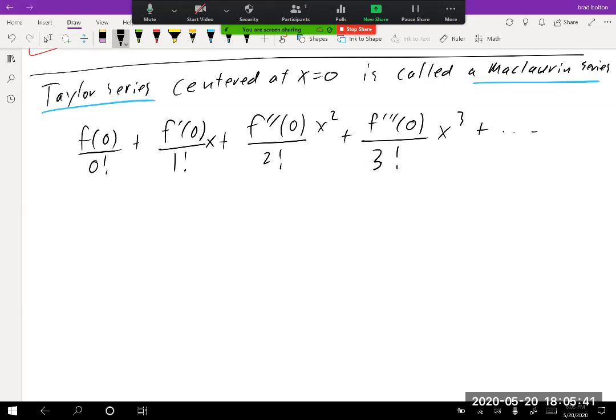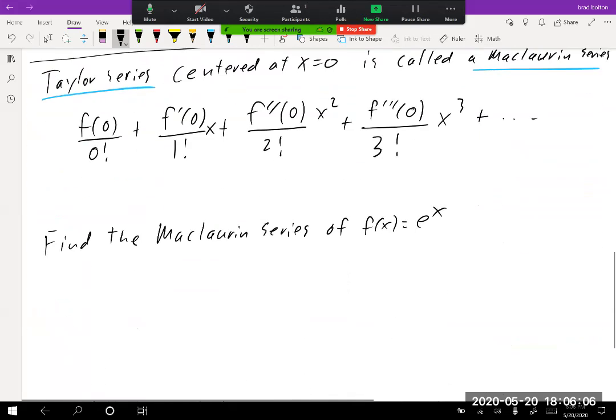So I could say, find the Maclaurin series of f of x equals e to the x. So, kind of an old-fashioned way to find it, instead of just trying to look at this formula and plug it in, well, we need those coefficients.